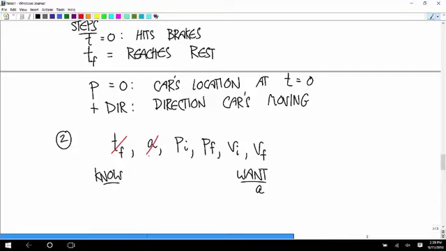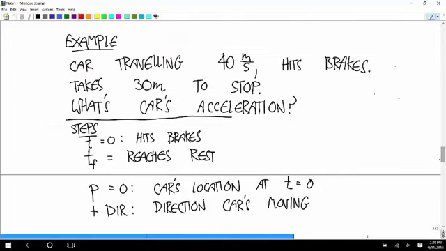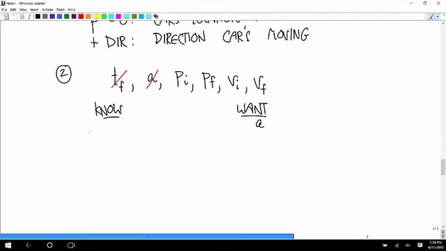The initial position, do we know the car's position when time is equal to 0? Yes, because that's where we chose our position equals 0 to go. Okay, so when time is equal to 0, the car's location is 0. So PI is equal to 0.